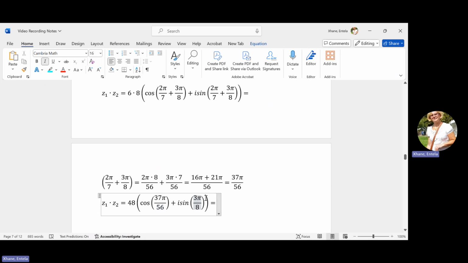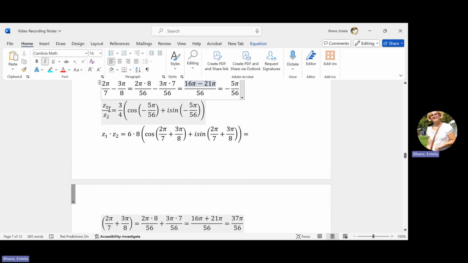Let me get rid of one fraction. So 37 and then the denominator of 56, and you have it. So this is the product, and then I can highlight this for you to see it. And let's get to the quotient. Where's my quotient? Right there. But in order for you to do this operation, you must have a complex number in the polar form, okay?